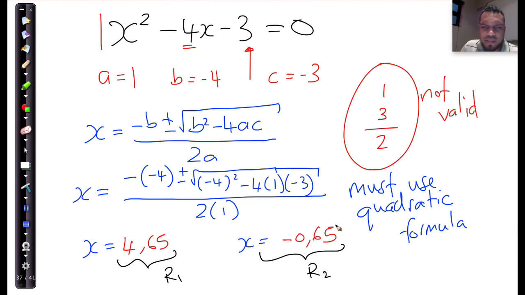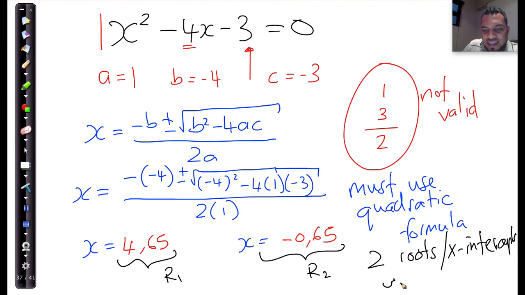Now, very importantly over here, people, as you can see, there are 2 roots, right? That means that there are 2 x-intercepts. And when you get actual values, it means that this graph will touch the x-axis. That's the horizontal axis.